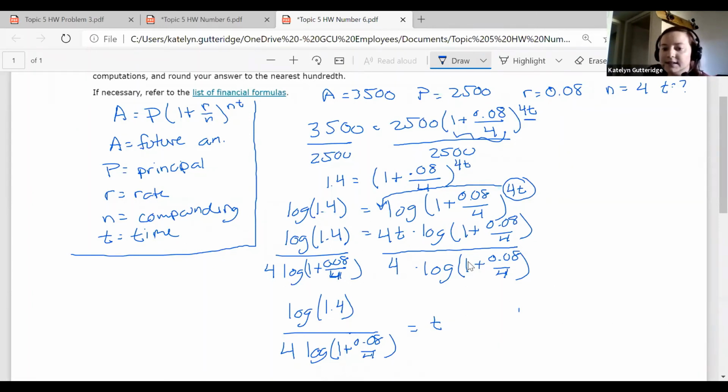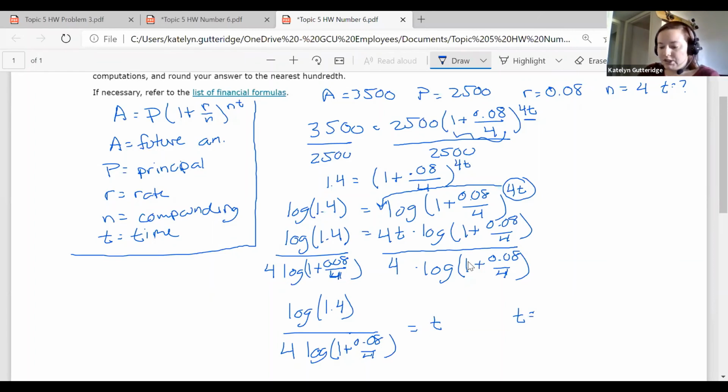Okay, so when I plug this into my calculator, I'm going to start by opening parentheses, and then I will have log of 1.4, close the parentheses. So if you can see my computer, I have log of 1.4 in parentheses, and then I close the open parentheses around the log. So that entire thing is in my numerator.